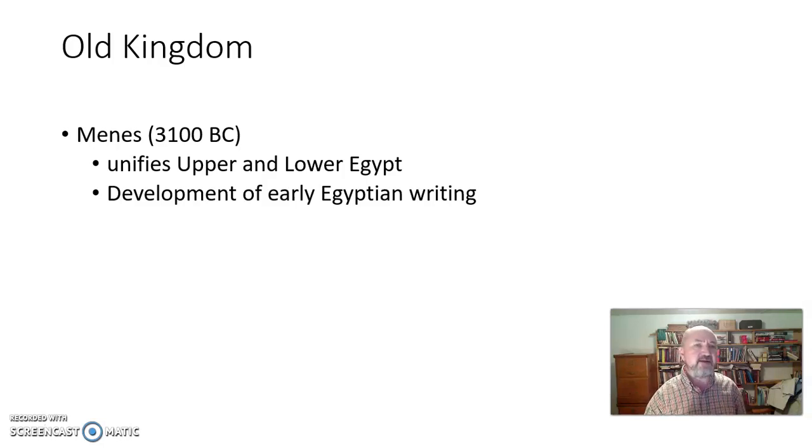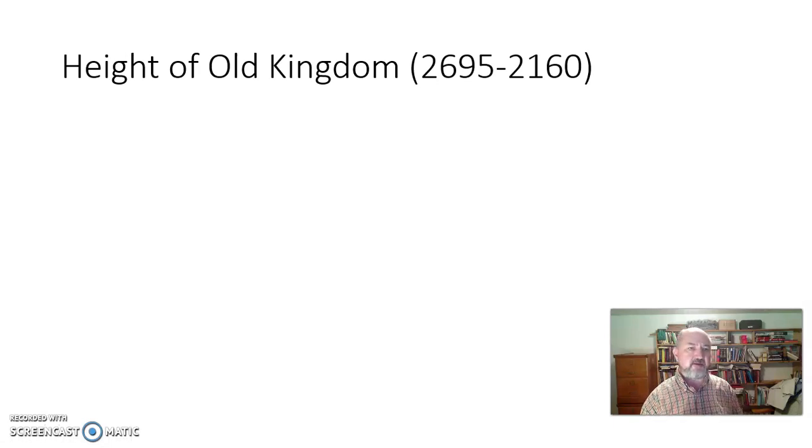But it's during Menes' reign that we see the development of the earliest type of Egyptian writing. And in this unit, you're going to be learning a little bit later about Egyptian writing. But this starts our historic period. And now we begin talking about the Old Kingdom. Although Menes is reigning about 3100 BC over a united Egypt, the height of the Old Kingdom comes about 400 years later, between roughly 2695 and 2160 BC.